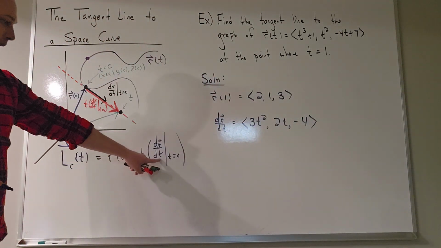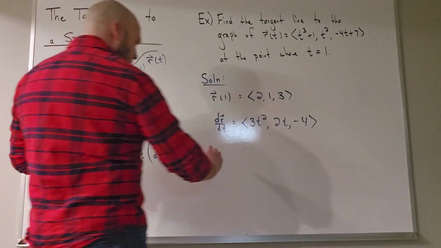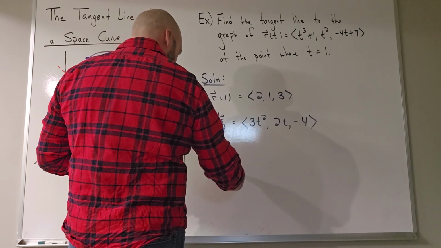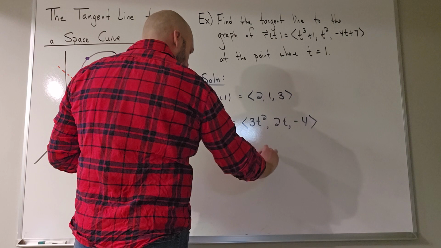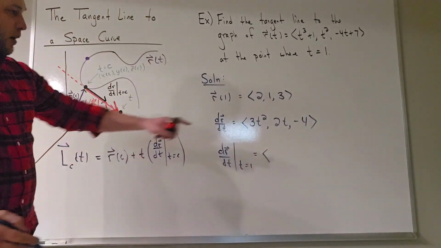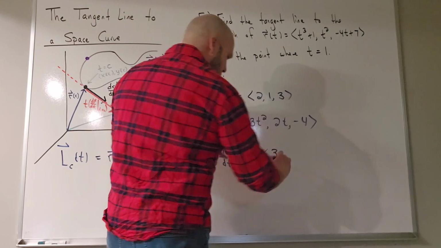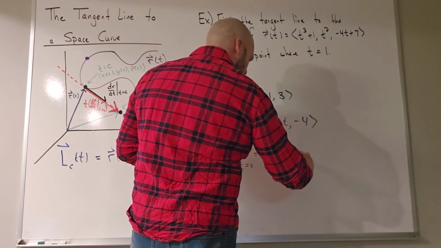Next thing, I have to evaluate the derivative at the specific t value. So dr dt evaluated when t is 1. So that would be 3 times 1 squared, which is 3. 2 times 1, which is 2. And negative 4.